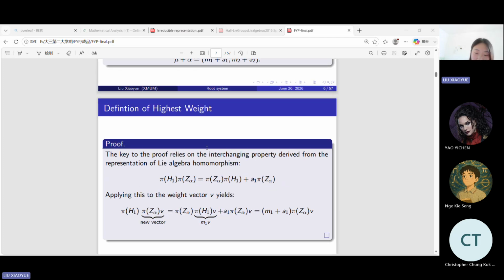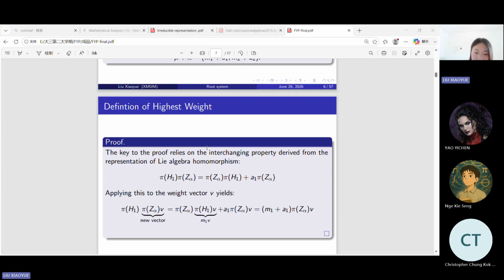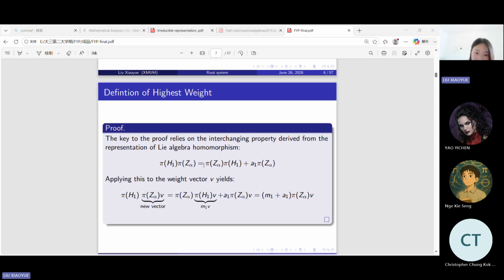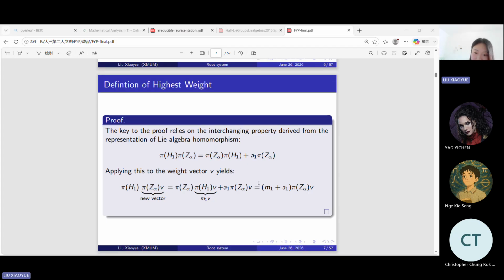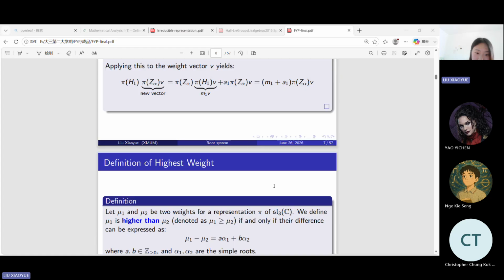To prove this lemma, we use the commutation relations in the Lie algebra and substitute the relations into this equation. Then we can obtain the result.